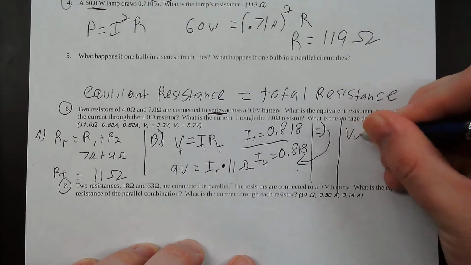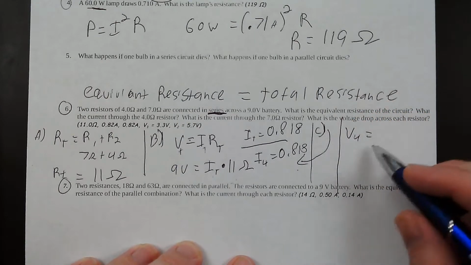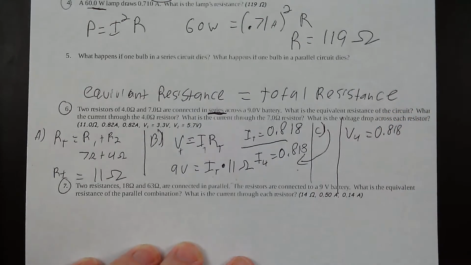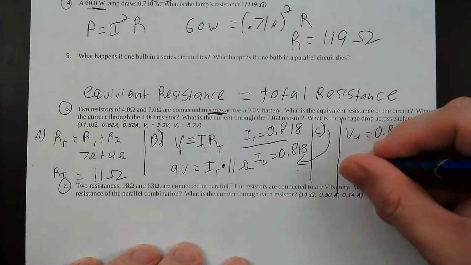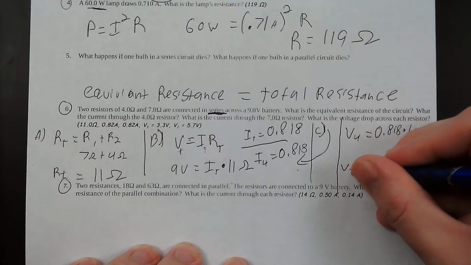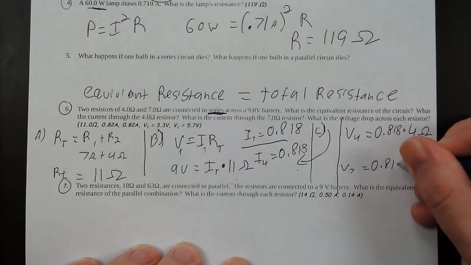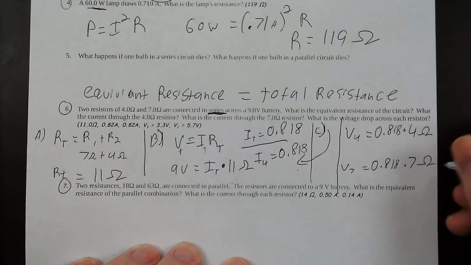So the voltage across the 4 ohm resistor would be the current across the 4 ohm resistor, which is going to be 0.818 because it's the same everywhere, times the resistance of the 4 ohm resistor, which is 4 ohms, and we're going to do the same thing for the 7 ohm resistor. But instead of using the current through the 4, we're going to use the current through the 7 and the resistance of the 7 ohm resistor instead.